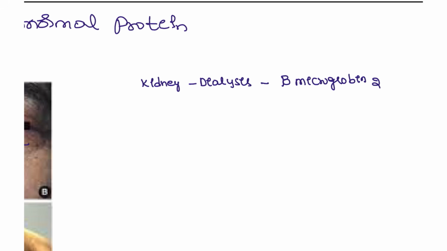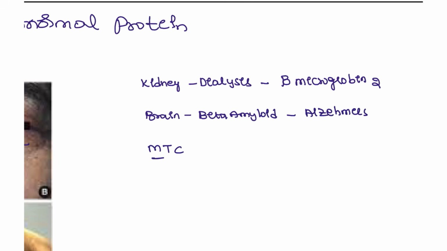This is for the kidney, and for the brain it is beta amyloid 1, and this can cause Alzheimer's development in the patient. It can cause a cancer, medullary thyroid cancer, where the point here is calcitonin. And in type 2 diabetes mellitus, it will be islet amyloid.